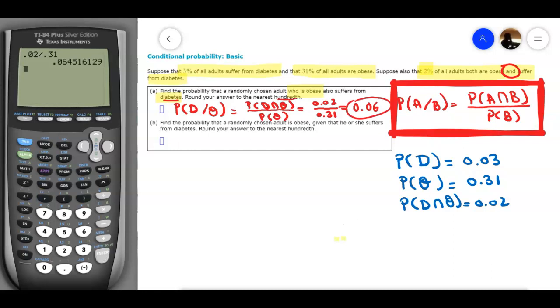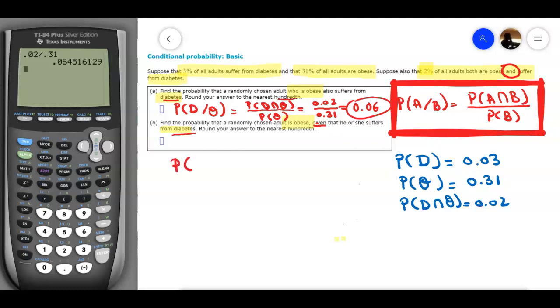Moving on to the second question, we are looking for the probability that a randomly chosen adult is obese, given that he or she suffers from diabetes. So the sentence has changed here. They are using the word given, so they flipped the question. We are looking for the probability of obesity given the fact that the person suffers from diabetes. How can I write it mathematically?